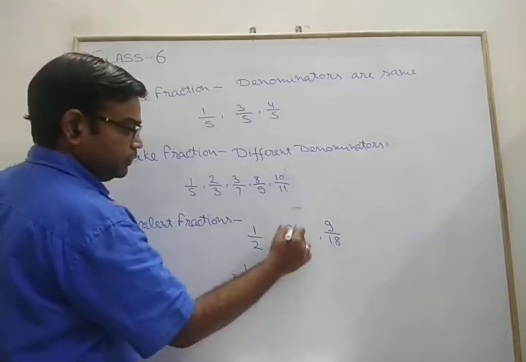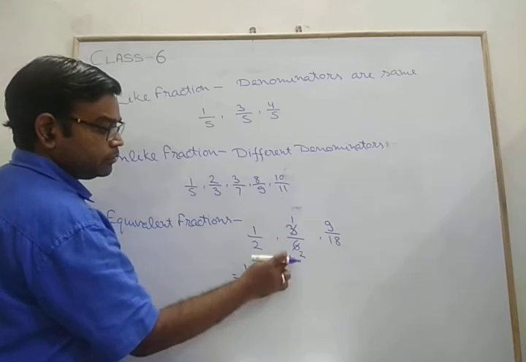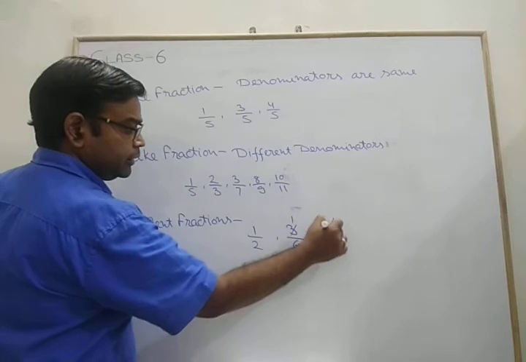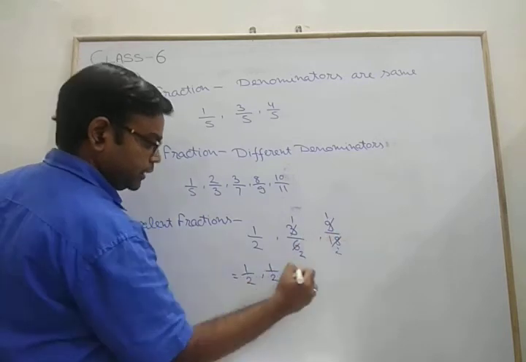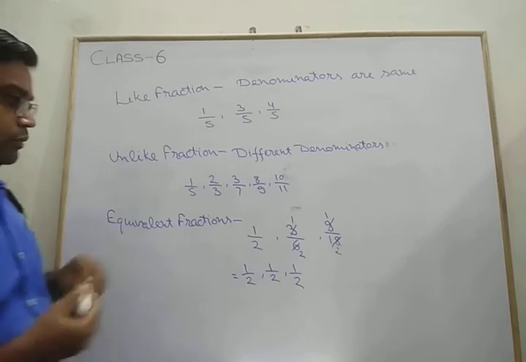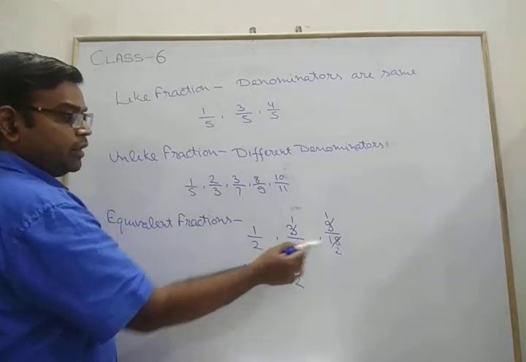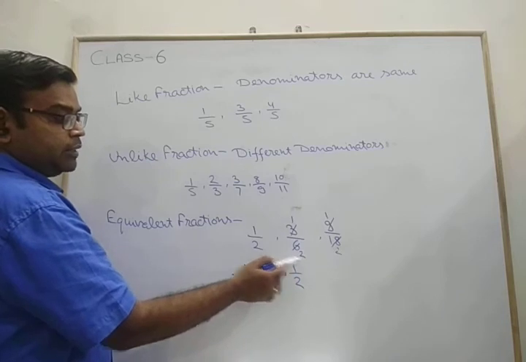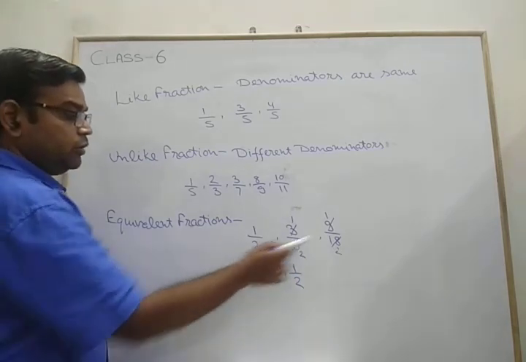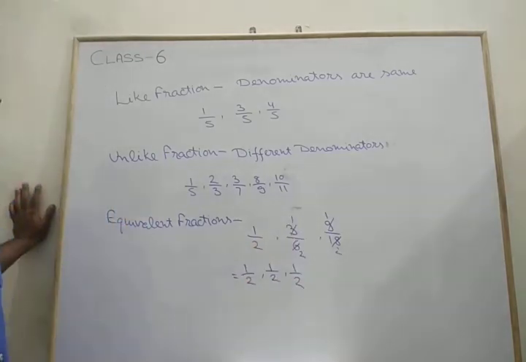Yes, 3 is a common divisor for both, so again we have 1 upon 2. For 9 upon 18, again we have the same. So what we observe is that the value obtained when we simplify these fractions is always equal to the first fraction. So all three fractions come under the category of equivalent fractions.